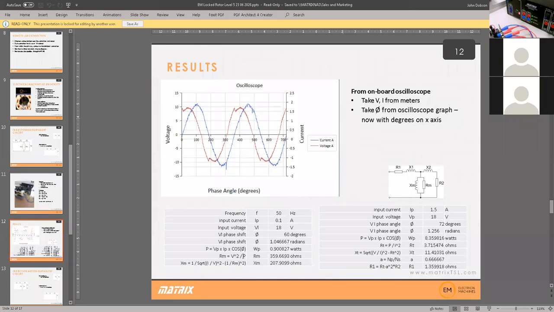Here in the table you can see the results of the open circuit and short circuit tests, and there's a relatively straightforward sequence of mathematics where we can deduce what the various terms in the circuit are. I might show you the software doing that live later, but it just takes a few minutes, so I've done it on screen for you.